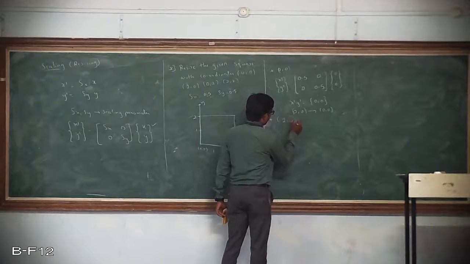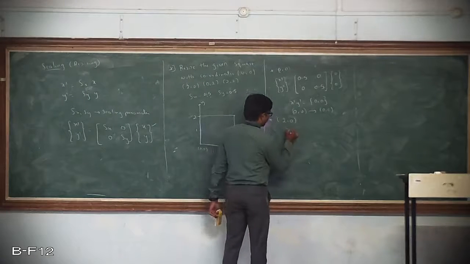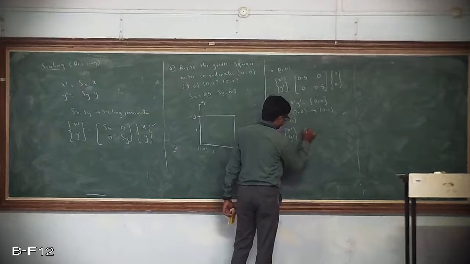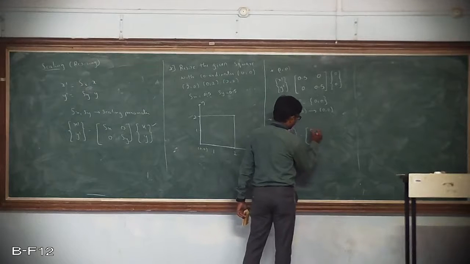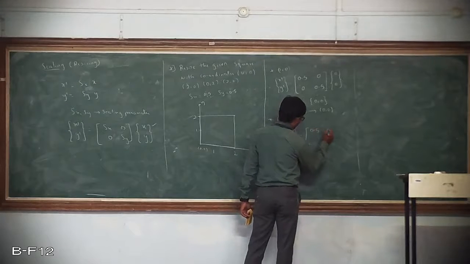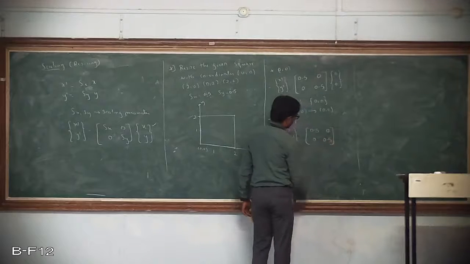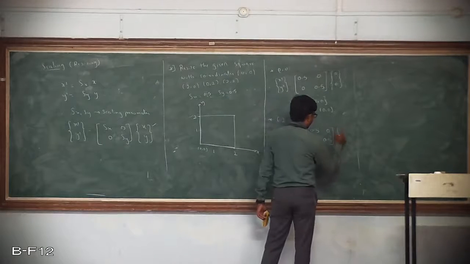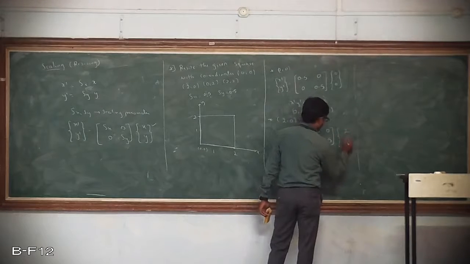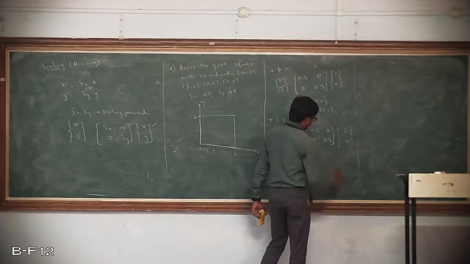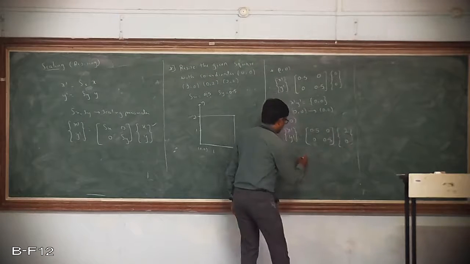2, 0. So x dash, y dash will be 0.5, 0, 0, 0.5, and the coordinates are 2 and 0. So 0.5 into 2 is 1, 0 into 0 is 0. So what are the coordinates you will get?